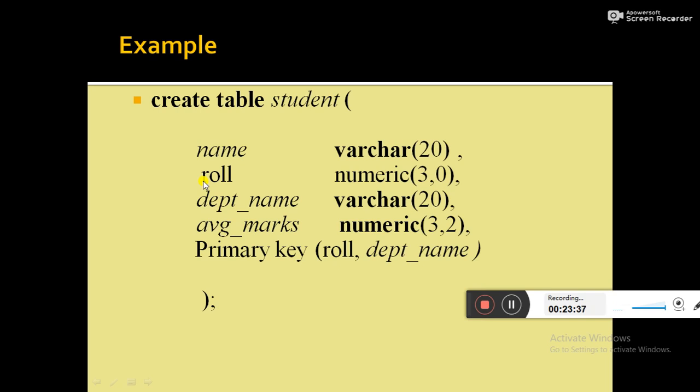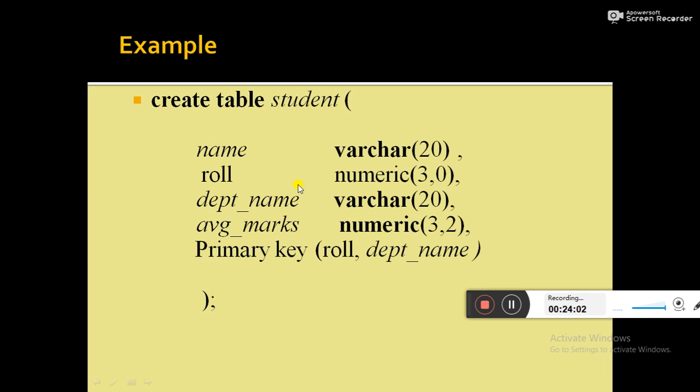Now if we combine roll number and department name as a combination, can they be the primary key? Yes. Why? Because if you mention roll number 1 and department name CSE, then it is always going to identify a single record, a single student, because roll number within a particular department is unique.